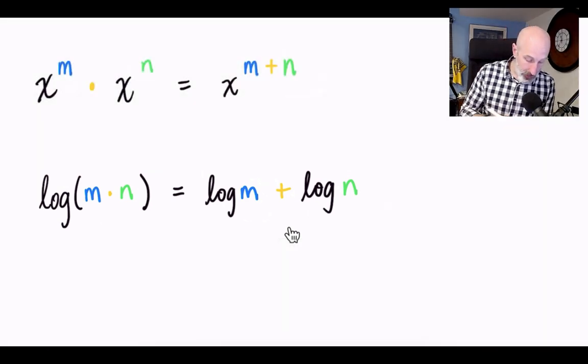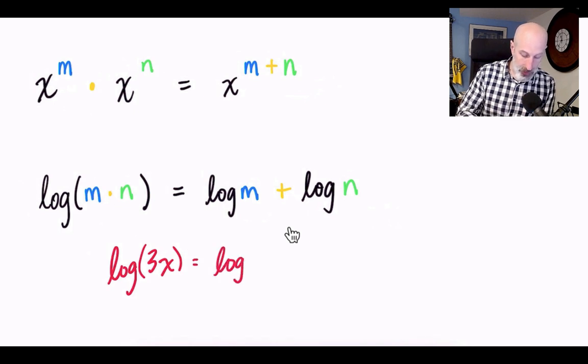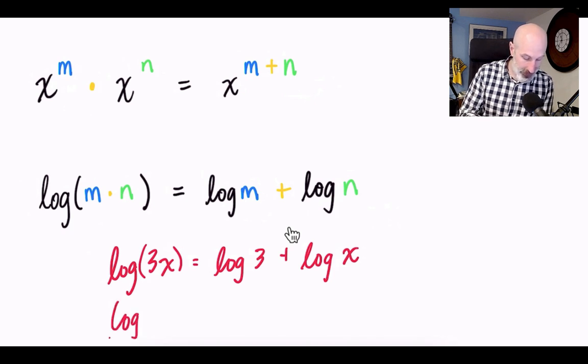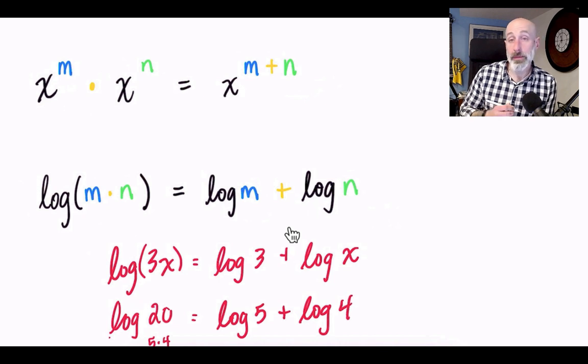A practical example of how this might be done is if you have log of 3x, and 3x is the argument of that log, we are permitted to turn it into log of 3 plus log of x. Now, this may also work with numbers, so we may also have something like the log of 20, which, by the way, we know is 5 times 4. We can turn this into log of 5 plus log of 4.